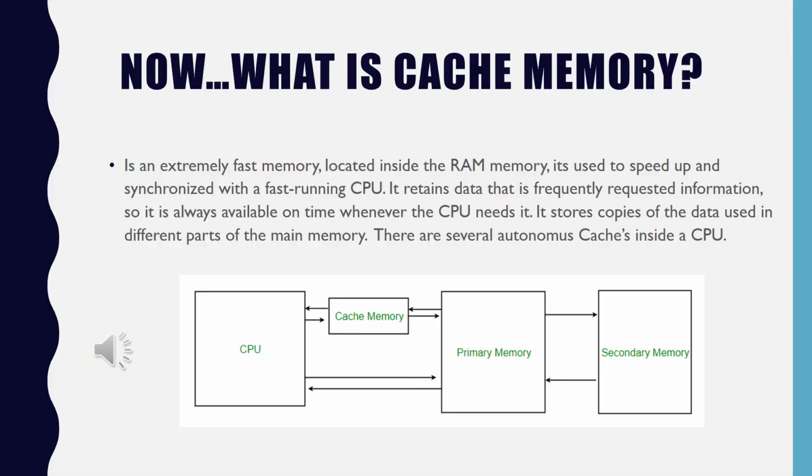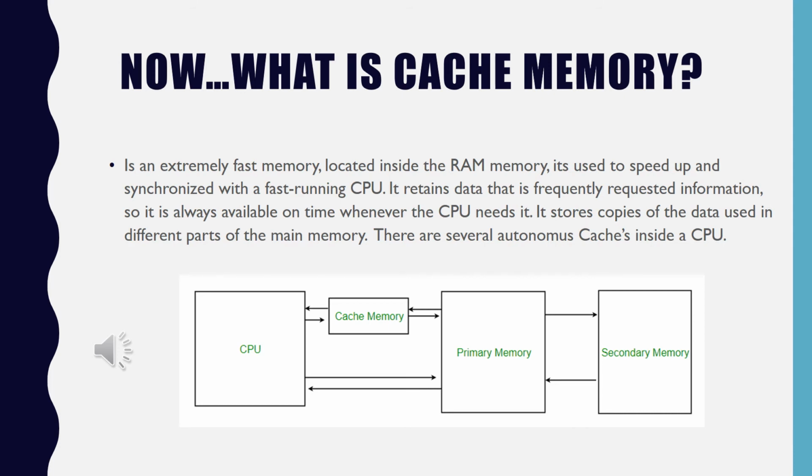Now let's see a different part of the memory of the computer, the cache memory. What is cache memory? Cache memory is a space of storage of frequently requested information for the CPU. So the cache memory is a place where information that is constantly required by the CPU is gathered.